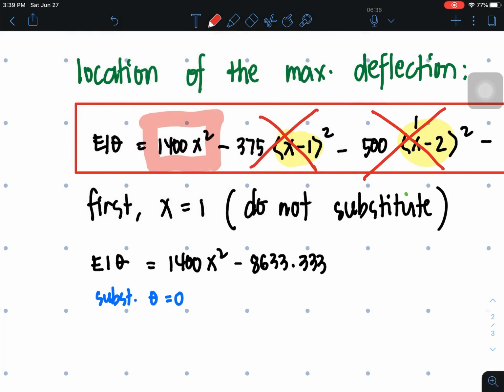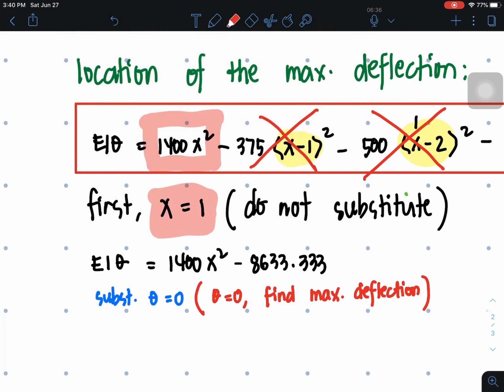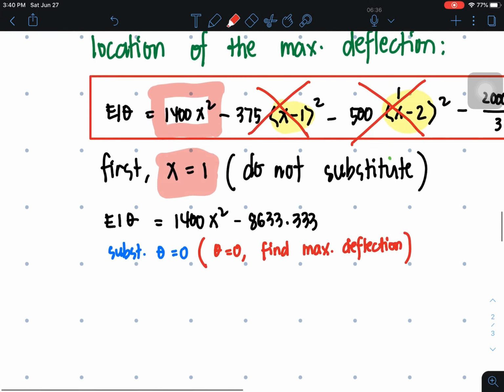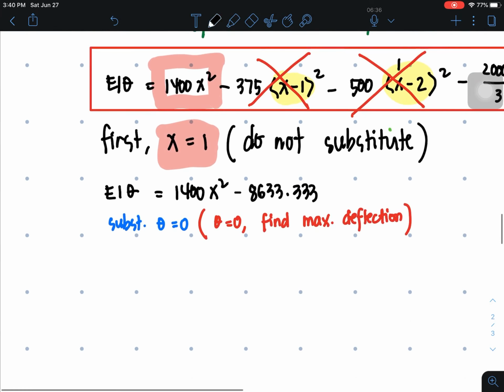Kay, satisfy man siya nga at theta equal to 0, we can find maximum deflection. Remember that we're using x equal to 1. Pasabot ana, we're expecting nga ang atong value sa x is within the boundaries of 1. So, ibutan nato, it's lesser than or equal to 1.